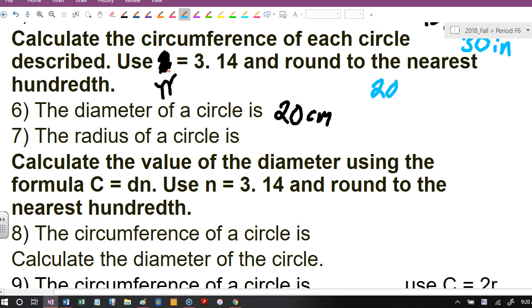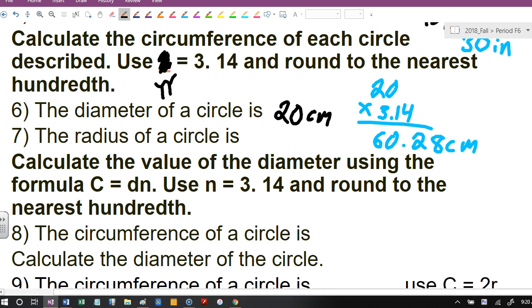Times pi. 20 times 3.14 equals 62.8. You don't want to multiply it times 2 because it's a diameter already. The radius, though, we are going to have to multiply by 2.